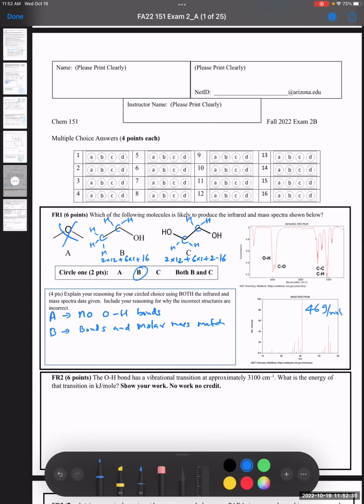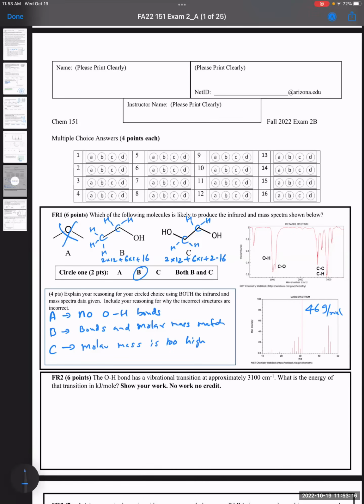So we have 24 plus 6, 30, 30 plus 32, it's going to be 62, which is much greater than the molar mass of the entire compound based on the mass spectrum. Therefore, option C is out. The molar mass is too high. So I explained why I eliminated options A and C and kept only B. All right, so that is that.